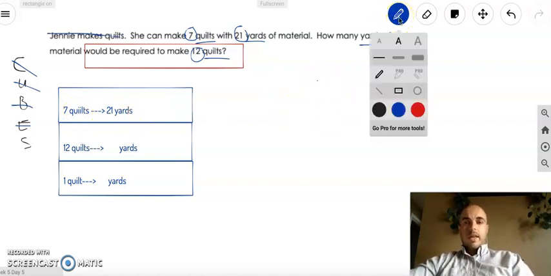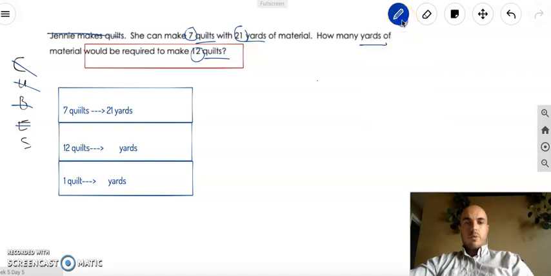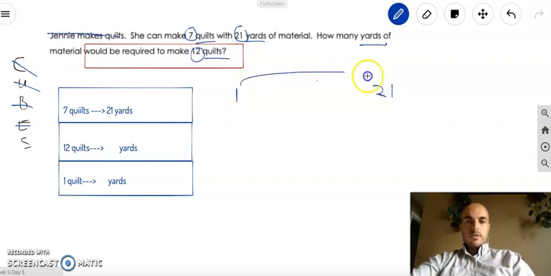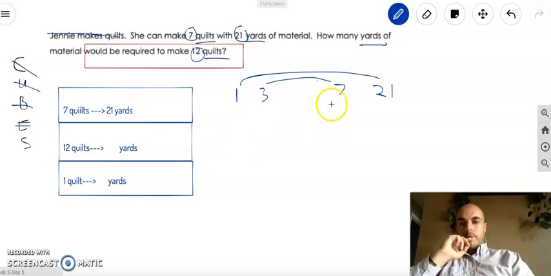So let's look at a factor tree for 21. So we have 1 and 21. And then we have 3 and 7. So I know for this that one quilt, right? One quilt's going to take me about 3 yards.